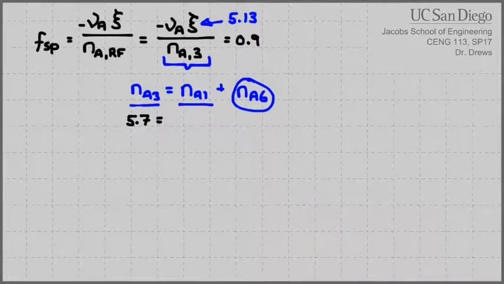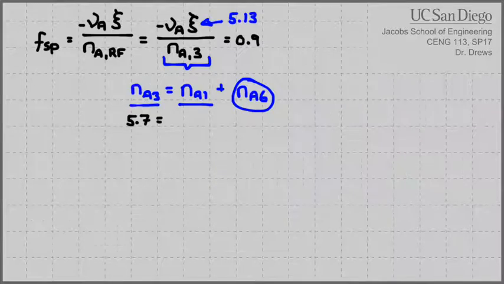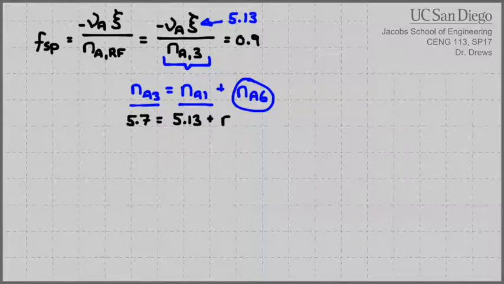5.7 has to be equal to whatever was being fed. If I flip back to my overall stoich table, we were feeding 5.13 moles of A as fresh feed. And that has to be combined with the moles of A in stream 6, such that the moles of A in stream 6 is equal to 5.7 minus 5.13, which is 0.57.